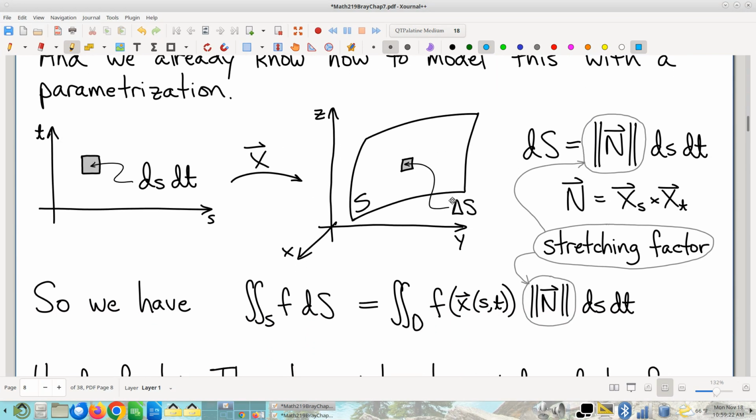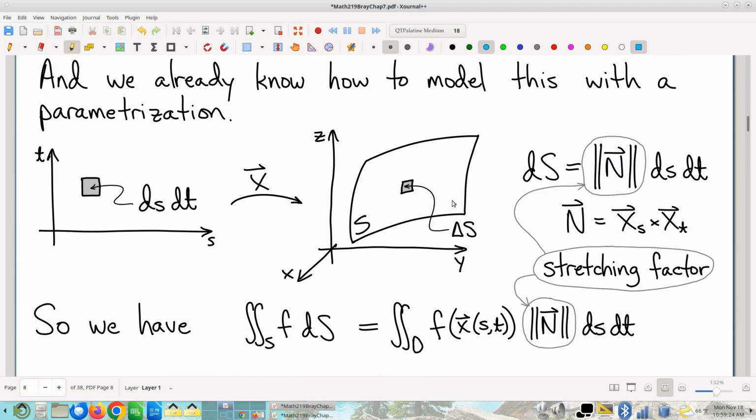Again, with the good news, we already have everything in place. We already pretty much have what we need. If I write down a scalar surface integral like this, I'm going to need to know what's the surface area of this little piece of surface there, and I already have that formula.